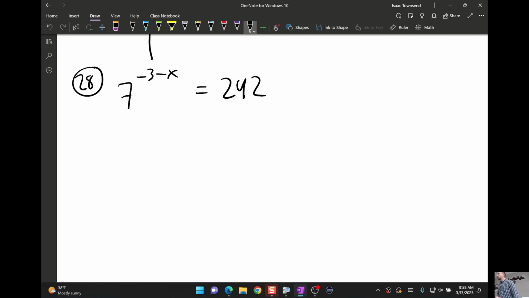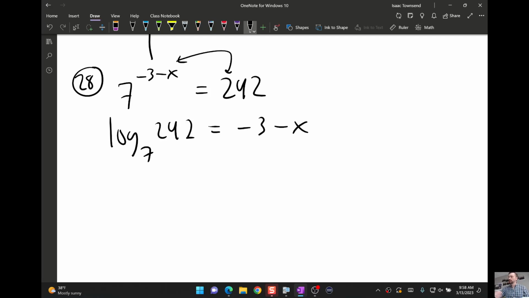Okay, so this one's in exponential form, and if we switched it to logarithmic form, these two would switch places, which would make it look like that. And then it looks like we could maybe add the 3 over.